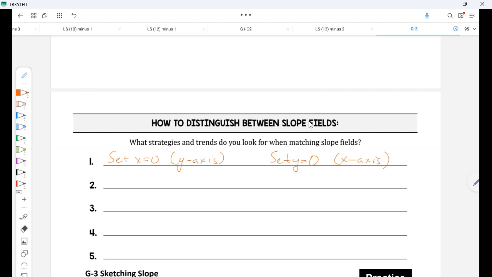And then to piggyback off that one, if dy dx is only in terms of x, then your changes are only going to be up and down.